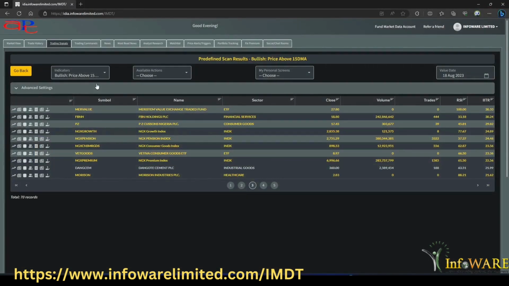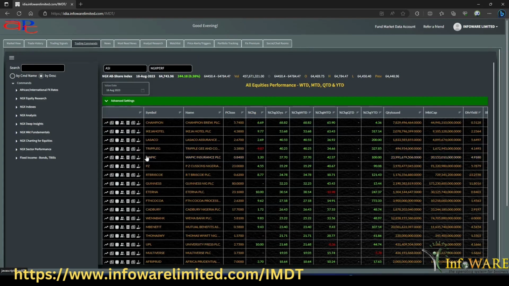So another extremely cool aspect of this is the trading commands. There's a huge array of commands that we make available here. For example, the default one that shows up is the NGX perf.